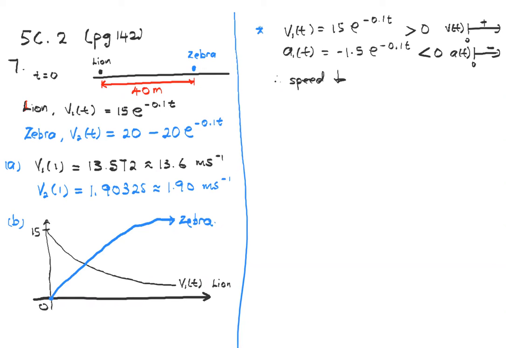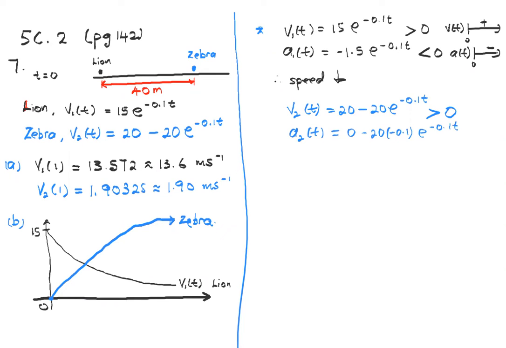Okay. So for the zebra, V2(t) is 20 minus 20 e to the power negative 0.1t. So this is also always greater than 0. If you want, you can say for t greater than 0, the approaches. Okay. A2(t) is 0 minus 20 times negative 0.1 e to the power negative 0.1t.